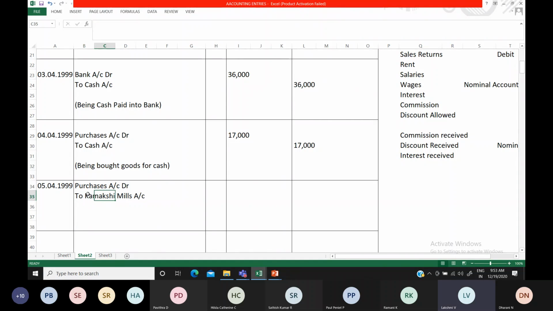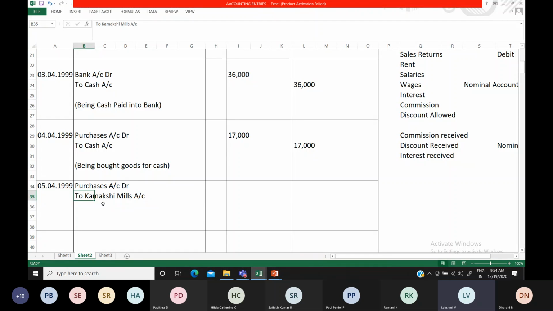If it is for cash, the cash account; if nothing is given, also the cash account is credited. But since the person's, mills' or company's name is given, you have to credit that. If they had mentioned for cash along with Kamakshi Mills, you would credit the cash account only. But why are you crediting this? Since it comes under the personal account. Any firm, any individual person or bank comes under the personal account only.